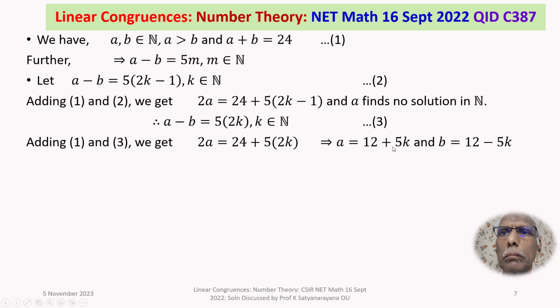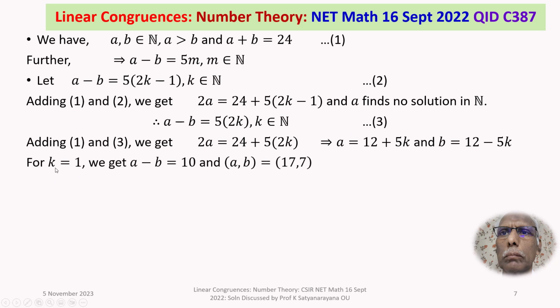When a is equal to 12 plus 5k and a plus b is equal to 24, then b is equal to 24 minus a, and that will give b is equal to 12 minus 5k. A is equal to 12 plus 5k and b is equal to 12 minus 5k, where k is a natural number.